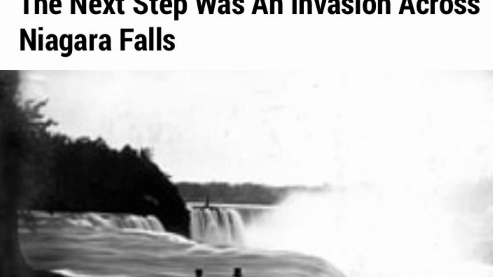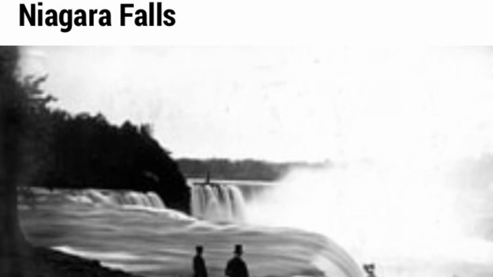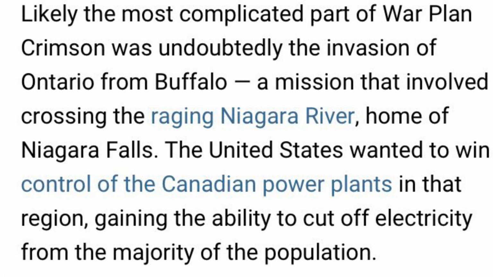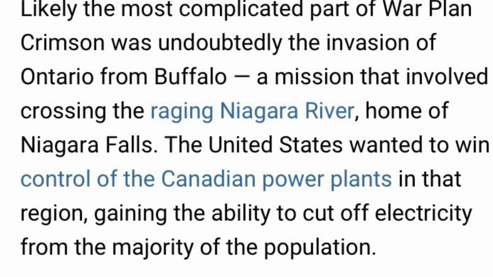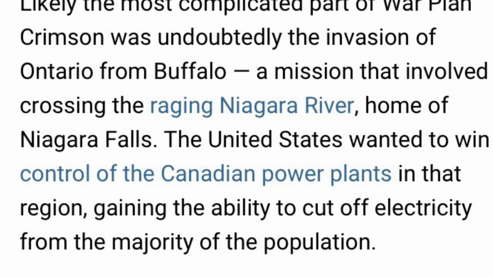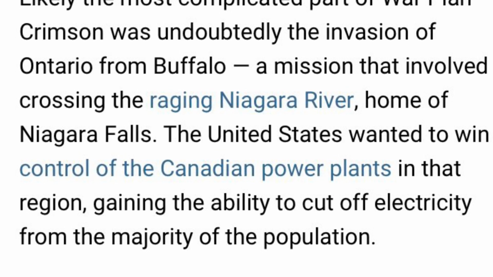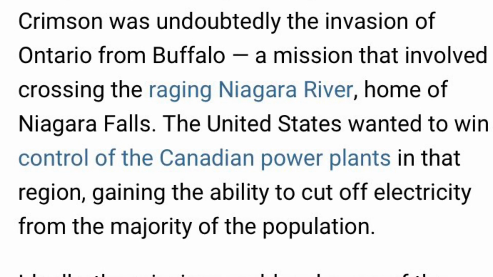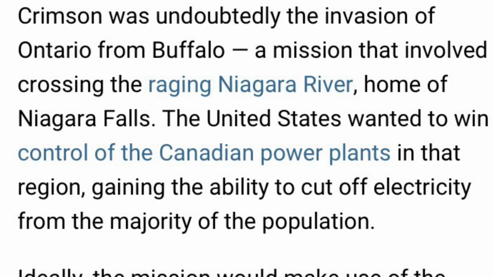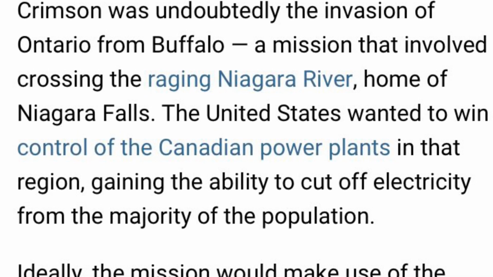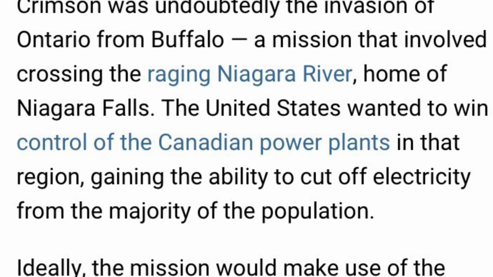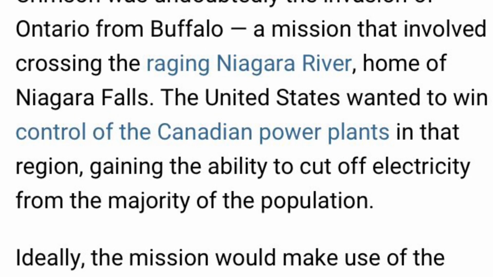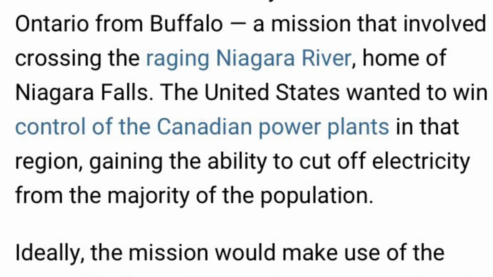The next step was an invasion across Niagara Falls. Likely the most complicated part of War Plan Crimson was undoubtedly the invasion of Ontario from Buffalo, a mission that involved crossing the raging Niagara River, home of Niagara Falls.